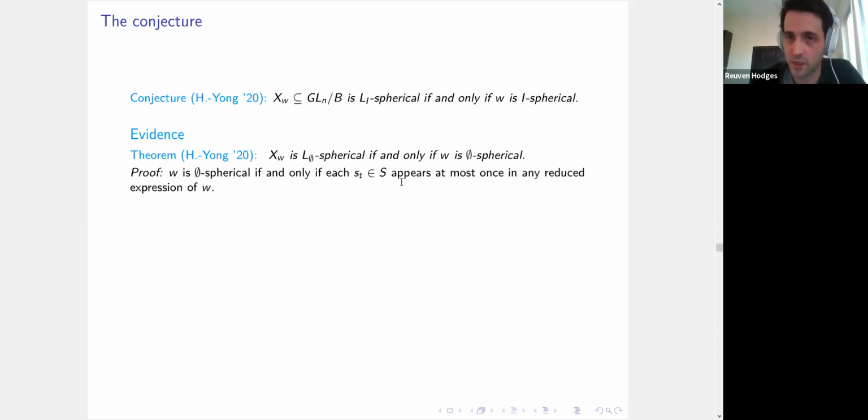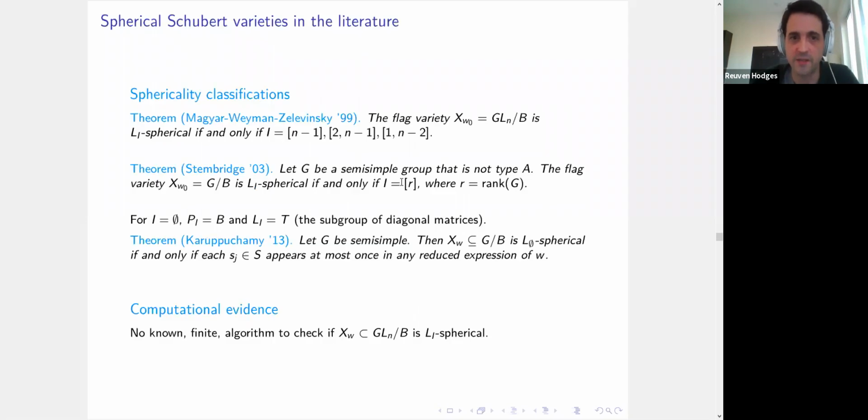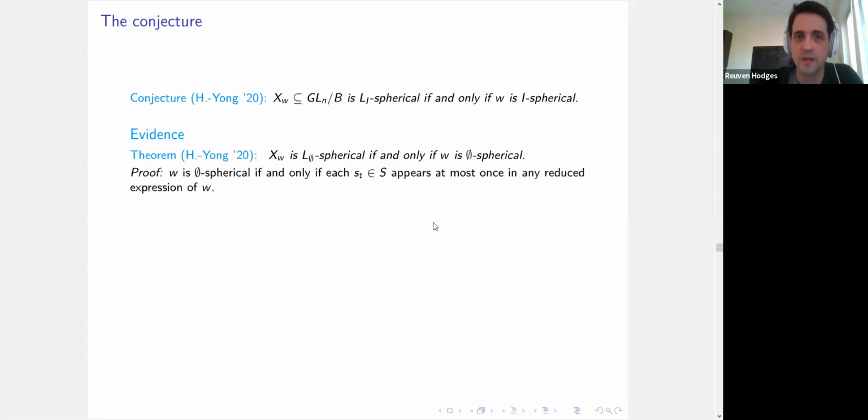But that's exactly what the Karuppuchamy result from the previous page says. The Karuppuchamy result says that it's actually geometrically spherical if and only if each simple reflection appears at most once. So our definition of sphericality matches up exactly with the geometric sphericality in this case. And this was actually the motivation for the definition in the first place.